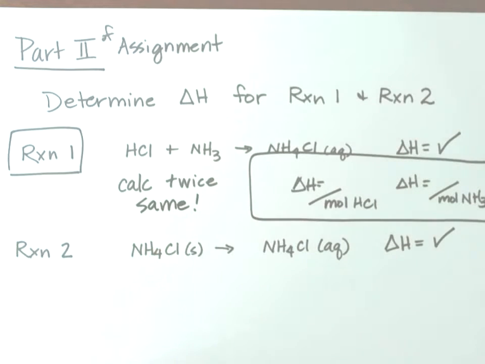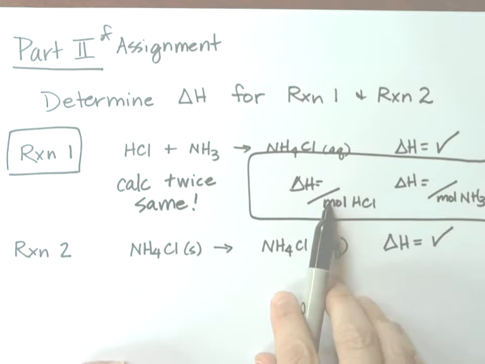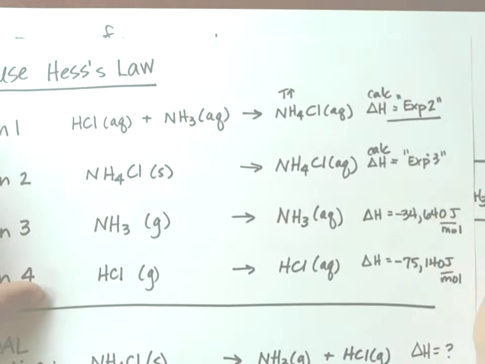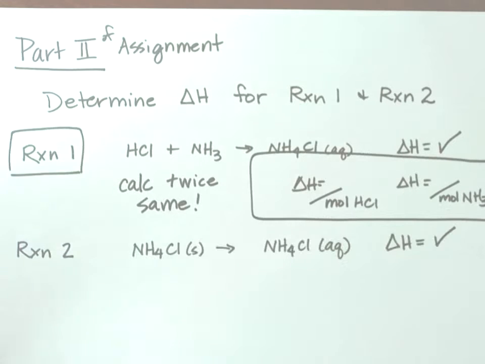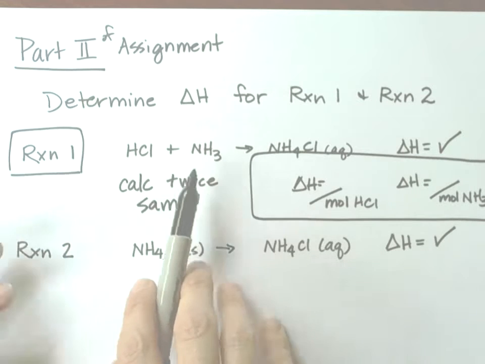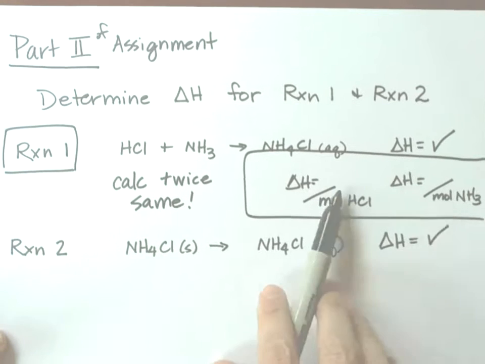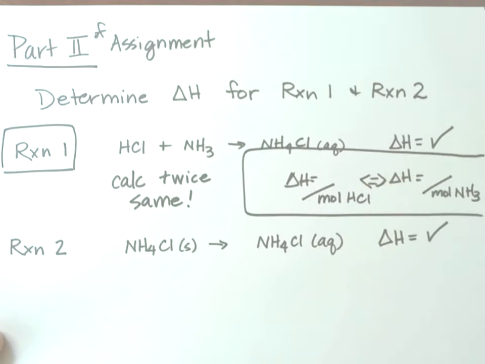So you're actually going to work through the calculation twice, but you just need this number one time, and it's the number that you're going to use right here. So it seems a little bit redundant, and it might be a little bit confusing. So I just wanted to reiterate that, yes, it looks like you're doing the calculation twice because it's asking you to do it twice, but these two are equivalent.